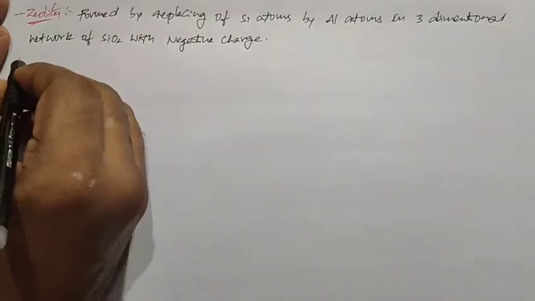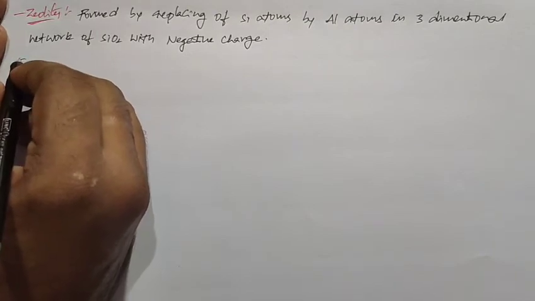The negative charge is balanced by cations like sodium, potassium and calcium ions.